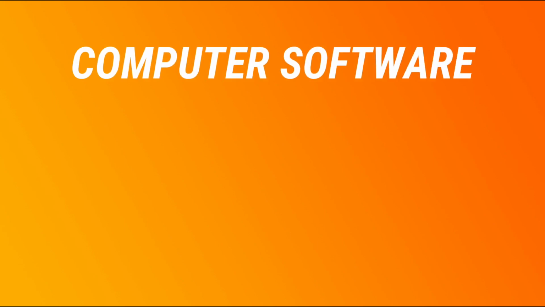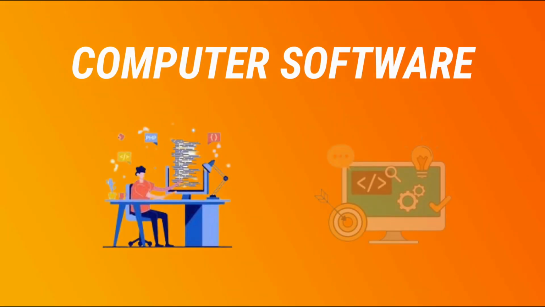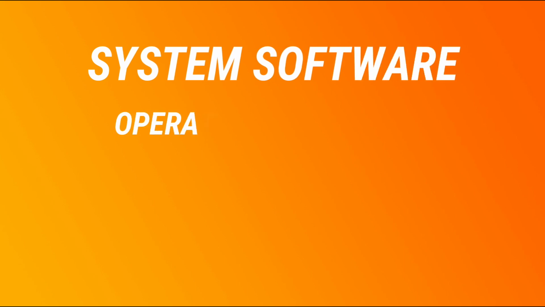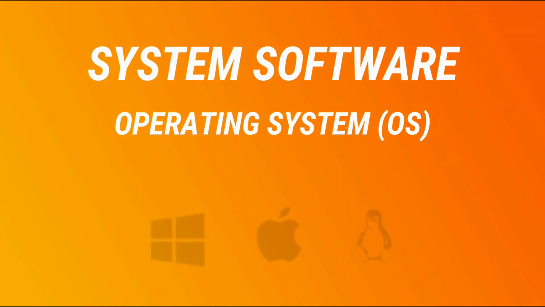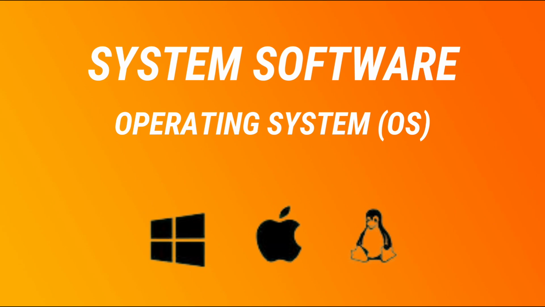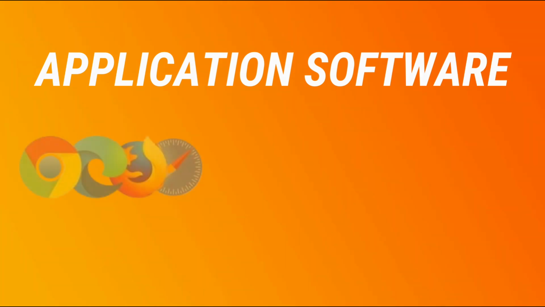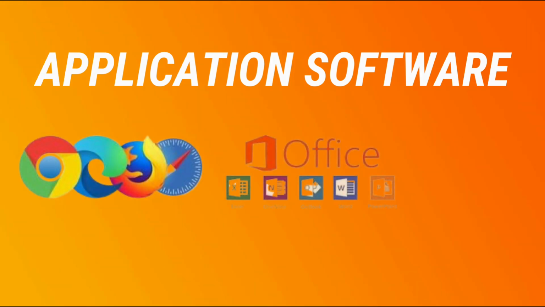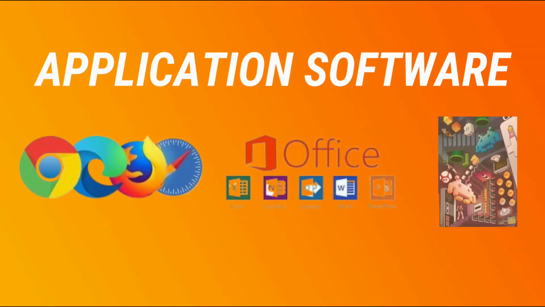Now, on the other hand, computer software refers to programs and applications that run on a computer system. It includes system software such as operating systems, which are Windows OS, Mac OS, and Linux OS, and application software such as web browsers, word processors, and games.